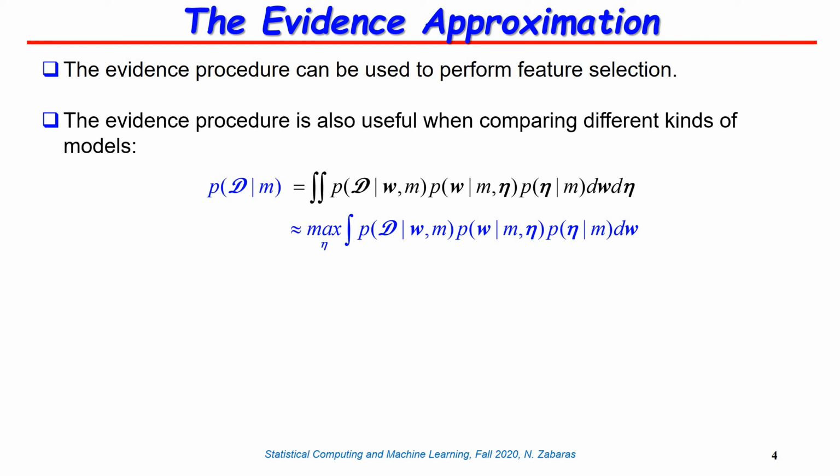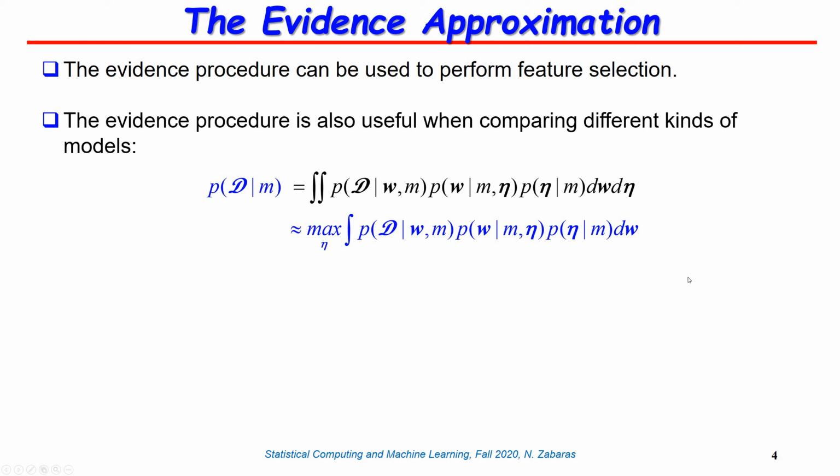Now, when we discussed the evidence approximation, we saw that a good way to approach this that does not require the full integration in the space of the hyperparameters would be to estimate a point estimate, eta hat, let's say, that maximizes the marginal likelihood.